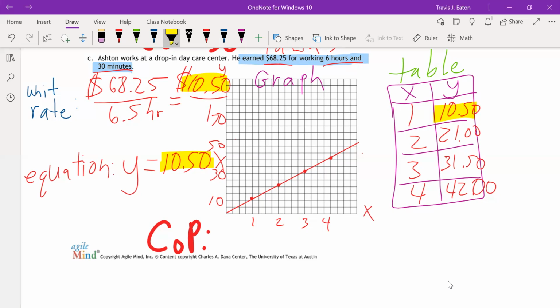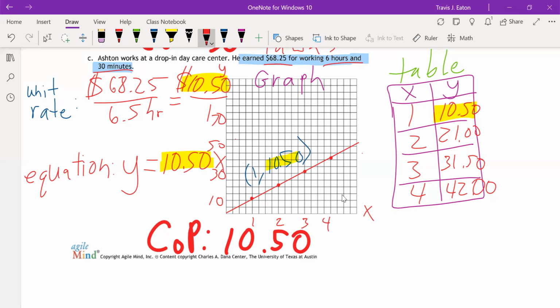And on your graph, again, when x is 1, your y value is your unit rate and your constant of proportionality, all in one. So 4 different places to find the constant of proportionality and use them, and it is 10.5, or $10.50 in this case, because it is money.